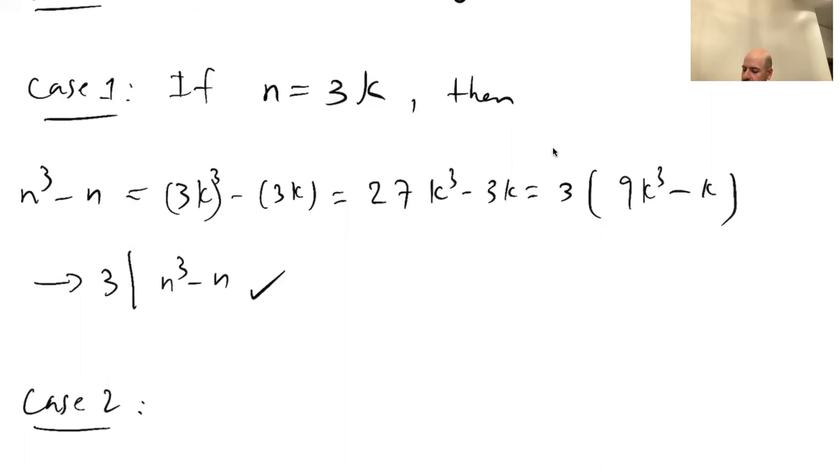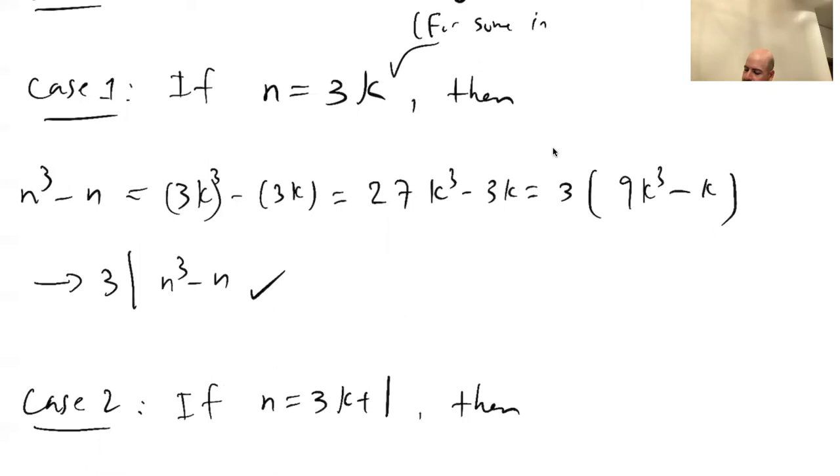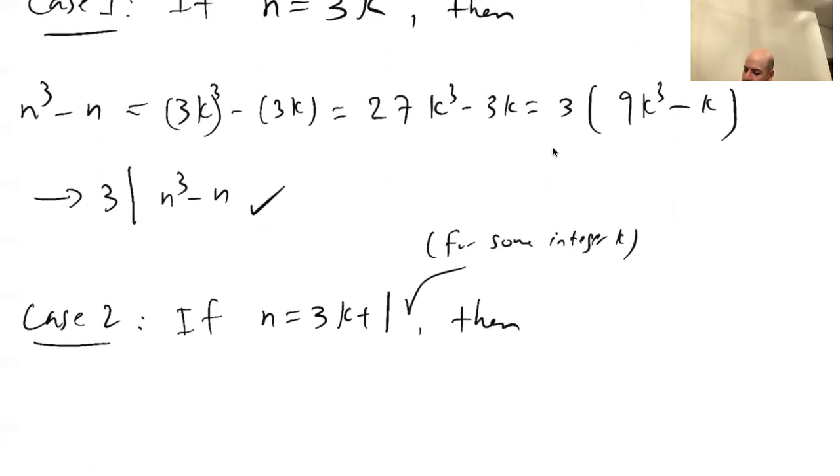Case 2, if the remainder is 1, I can also say n equals 3k plus 1 for some integer k. Then n cubed minus n will be (3k plus 1) cubed minus (3k plus 1).